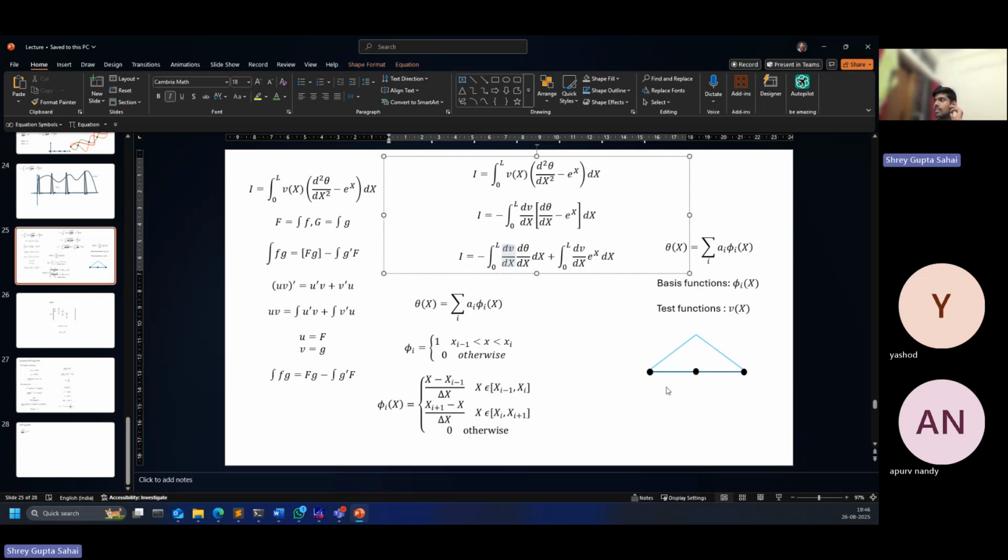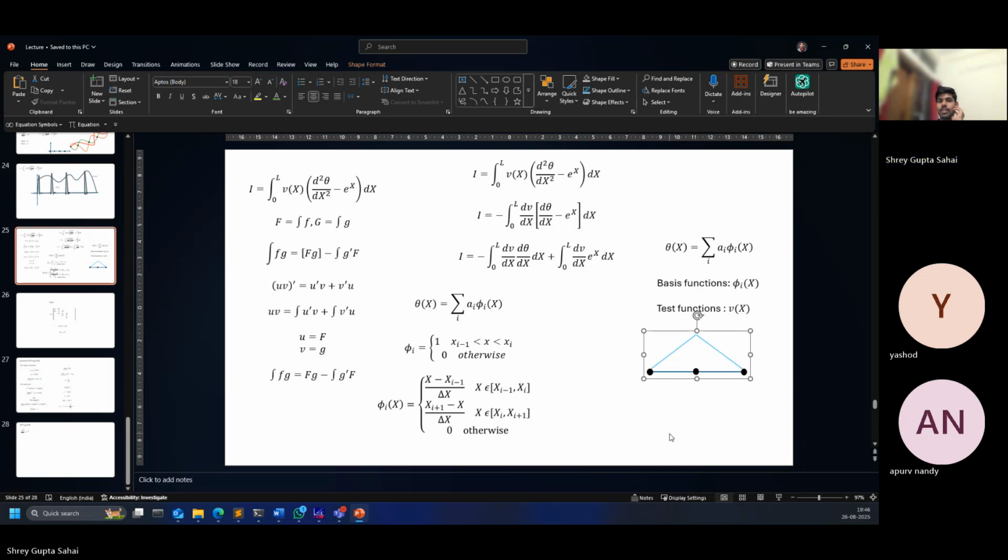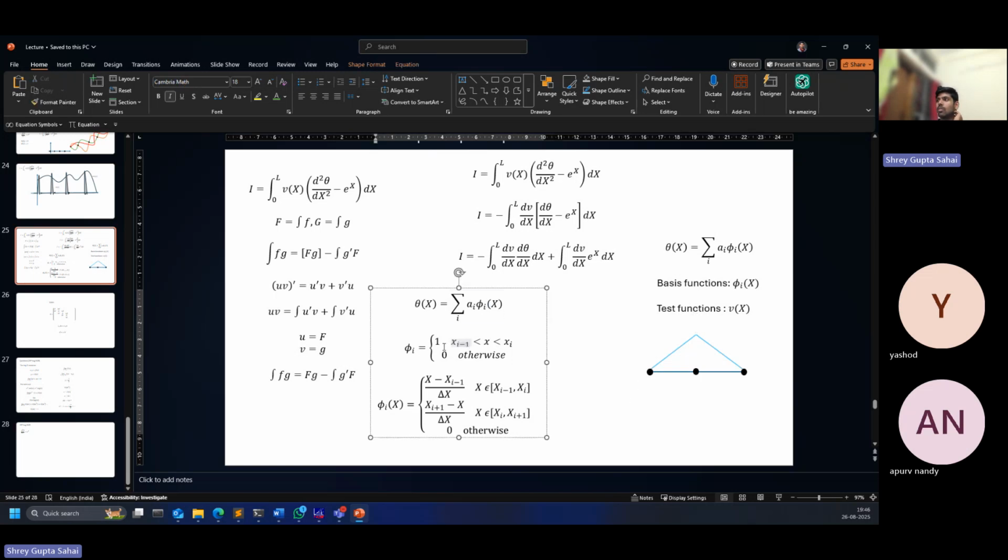Does anyone know why this shape function is very popular? It also makes sense because it is the next best approximation. It is a linear approximation. Earlier we had this constant thing, right? This is linear in x. We know it's a better approximation, like the trapezoidal rule. We know that between two nodes the functional value is supposed to change. So that makes sense, right?